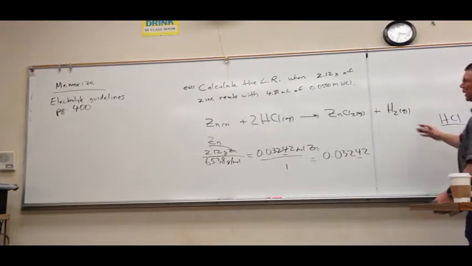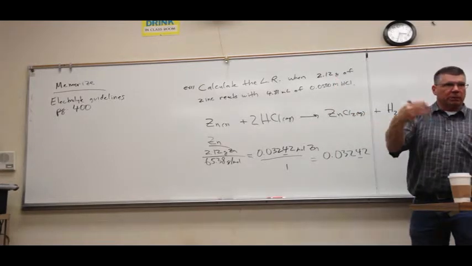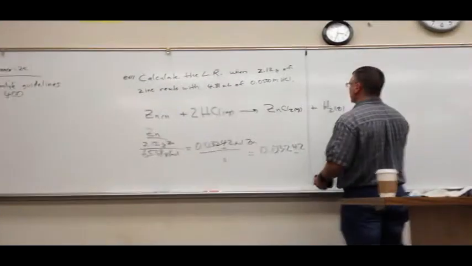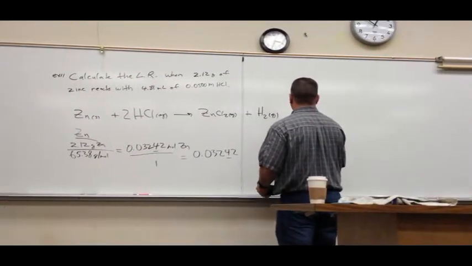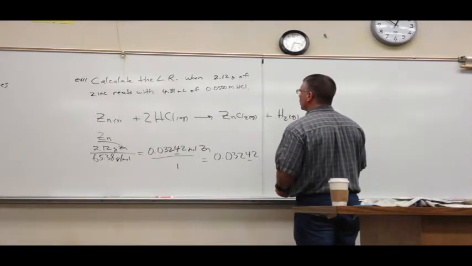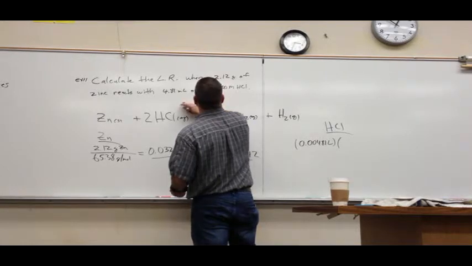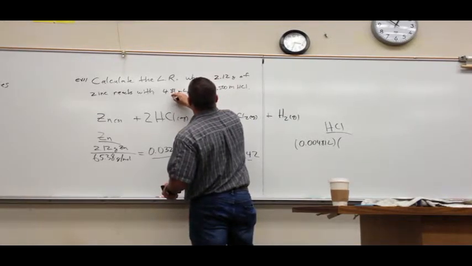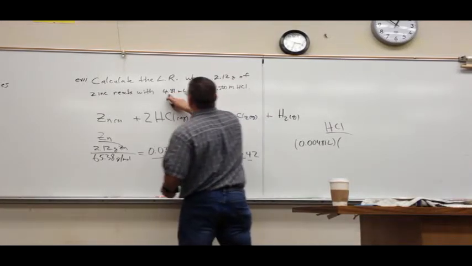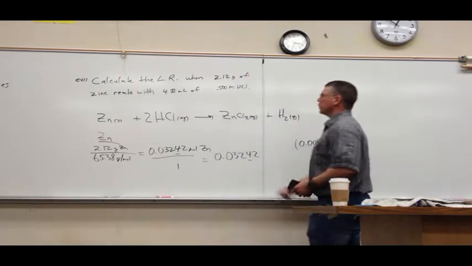For hydrochloric acid, I gave you a volume and a molarity, so the moles is just the liters times the moles per liter. Change that to 48.1 and 0.5 molar.